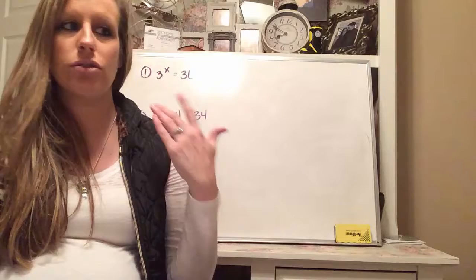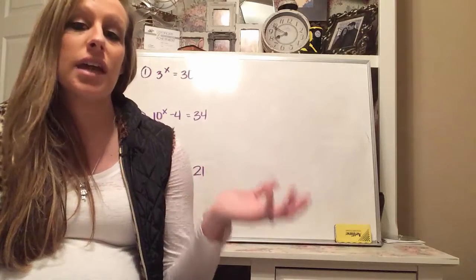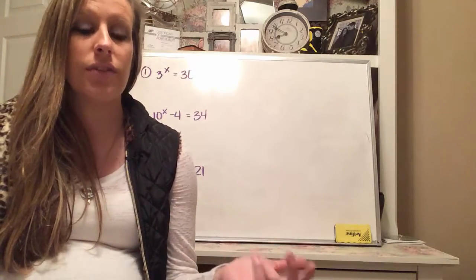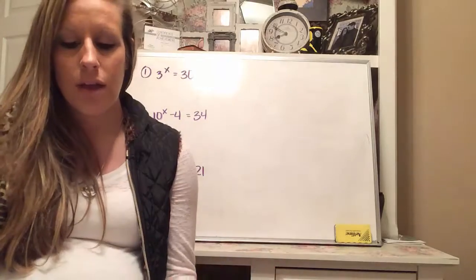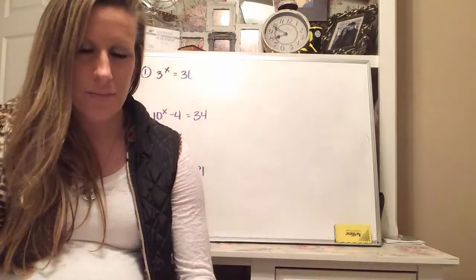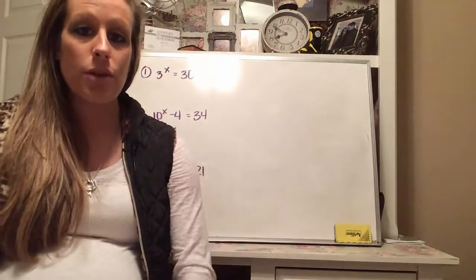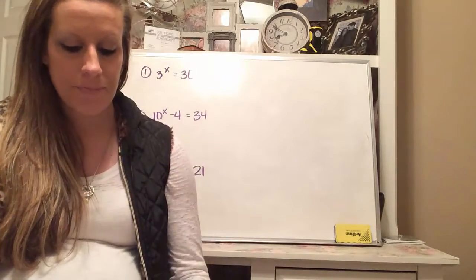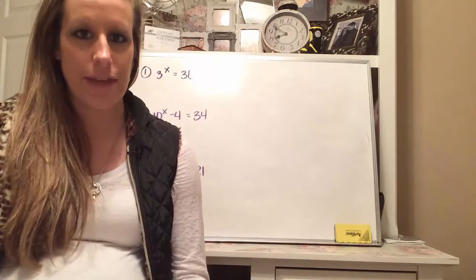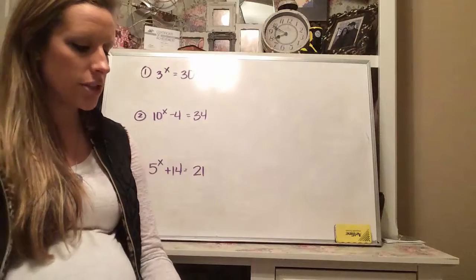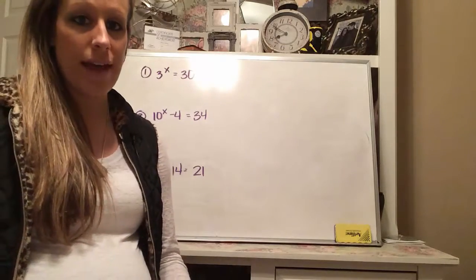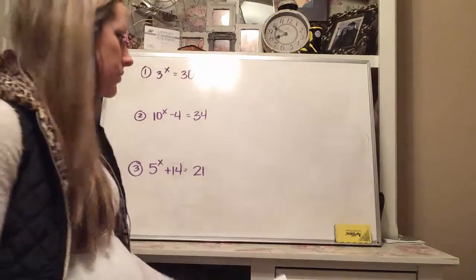The closest we could get is 3 to the third, which would give us 27, right? We can't exactly get 30. So that's why we use this method, and I'll give you a decimal answer. So let's go ahead and try this. We're going to take the log of both sides and then solve for x.